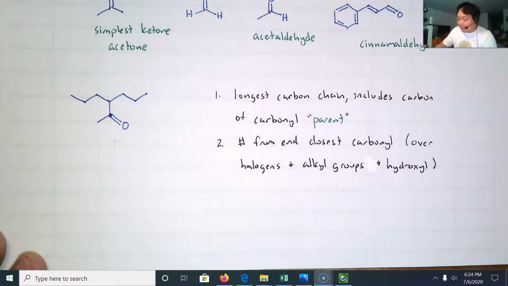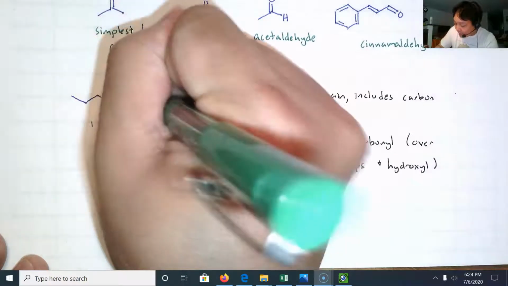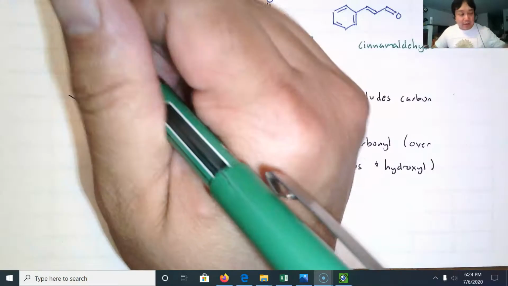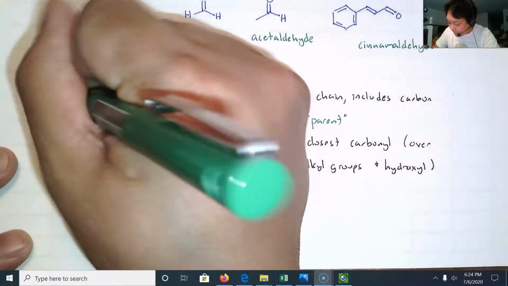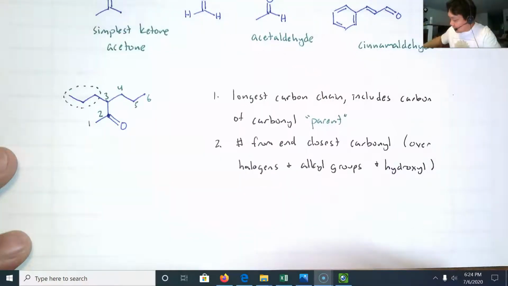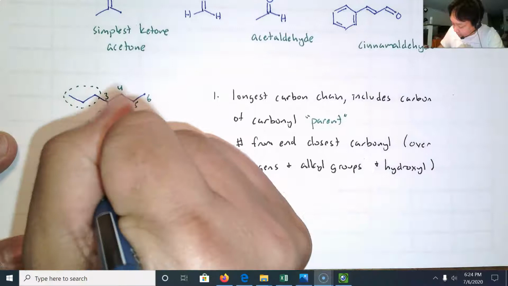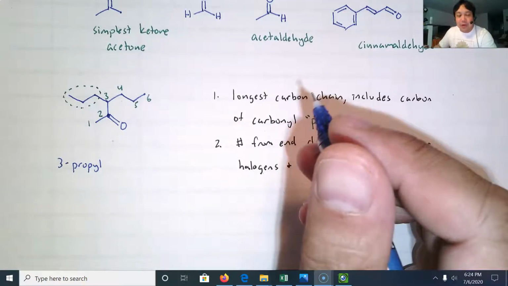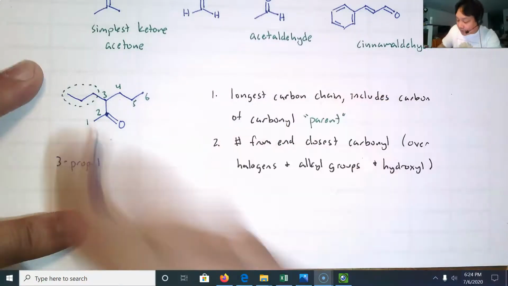We're going to number it from this end here. 1, 2, 3, 4, 5, 6. And we have a group on the carbon number 3, the propyl group. 3-propyl. Now we do have to locate where the carbonyl group is along the chain, and it's at the 2 position.